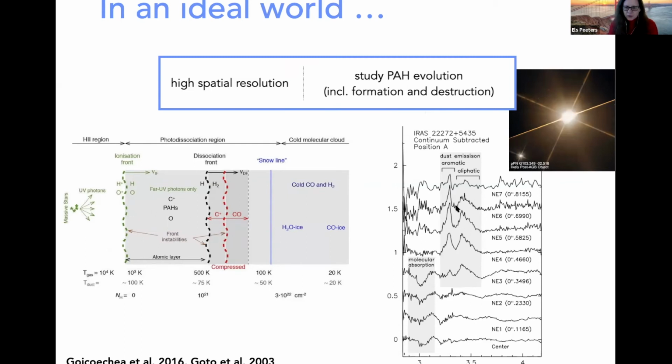You also want to be able to probe here, I have an example of an evolved star, and you can see that these bands change on very, very small spatial scales. Depending on what type of environment you're looking at, what high means for spatial resolution may vary, but we need a large range in that sense as well.